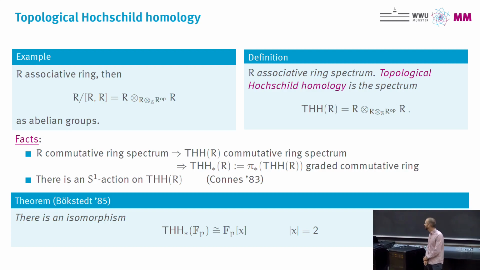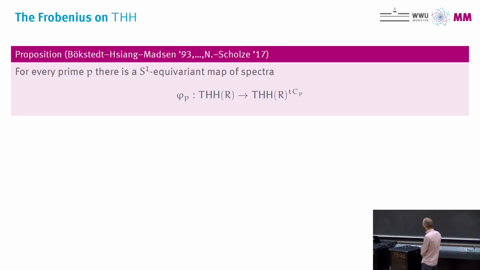That's something I worked out with Lars Hesselholt in a write-up, and I think Kaledin has too. We call it Bökstedt periodicity, and in some sense it's more fundamental than Bott periodicity because it implies the latter. But I'm not saying this is a good proof. It's super complicated and uses a lot of other stuff, but at least it works. Okay, good. So what's the Frobenius on THH?